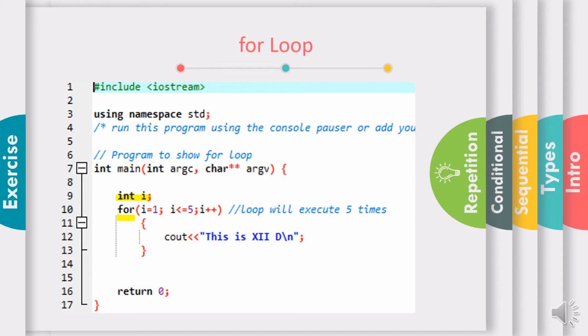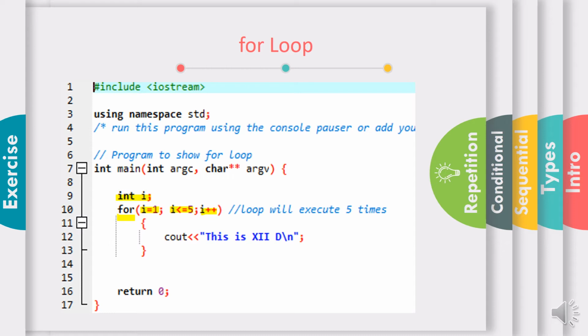Then this is the initialization of the loop, where the starting value for the controlling variable i is 1. Then how many times will this loop be executed? It will be executed till the value of i is less than or equal to 5, and then in the end i++, this is the increment.